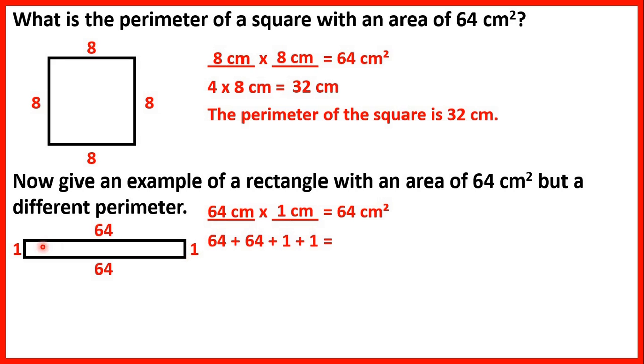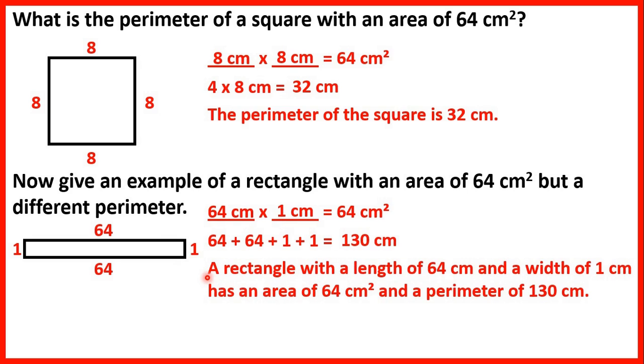If we find the perimeter, 64 plus 64 plus 1 plus 1 is 130. So a rectangle with a length of 64 centimeters and a width of 1 centimeter has an area of 64 centimeters squared and a perimeter of 130 centimeters.